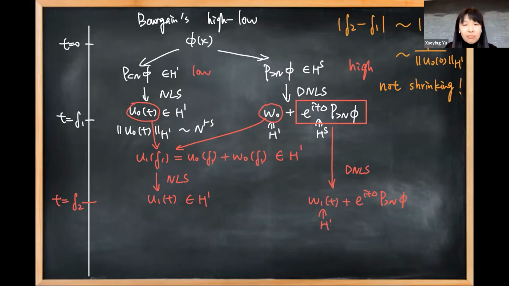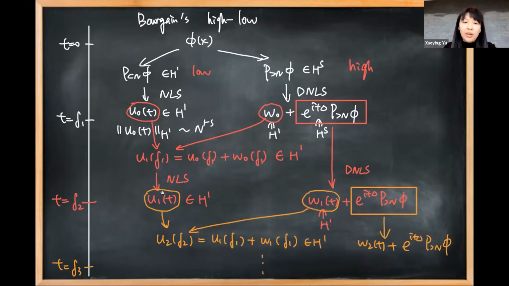And then I guess you know what would happen in the third iteration. So this is the second iteration. What would happen here is that you combine this U1, a smooth solution, with this small thing that you generate from this difference equation, and then you have a new initial data again, which enters your next iteration.